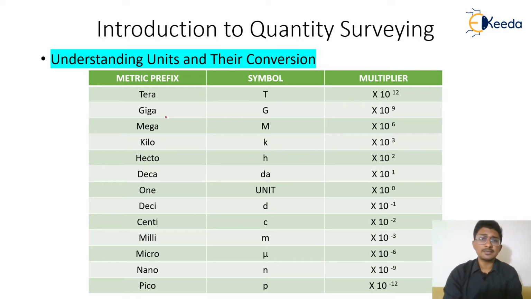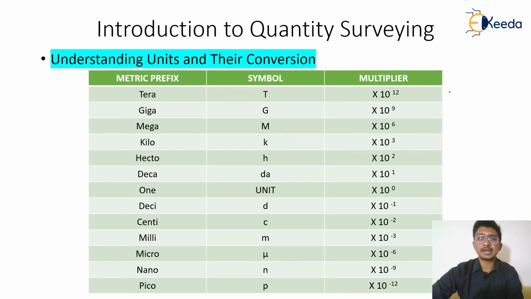So at the start itself, I always suggest that this whole document should be learned by heart, or should be known to the person who is going to be a quantity surveyor, because these are some of the few multipliers we always use during quantity surveying activity. These are the metric prefixes, their symbols and the multipliers we have with them.